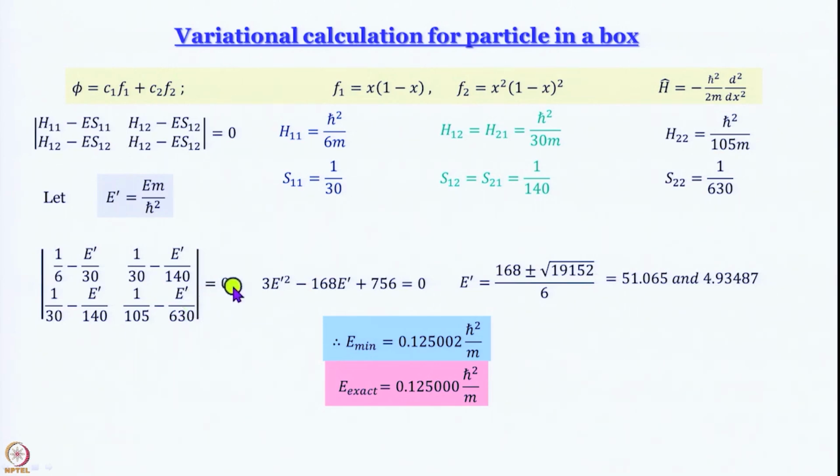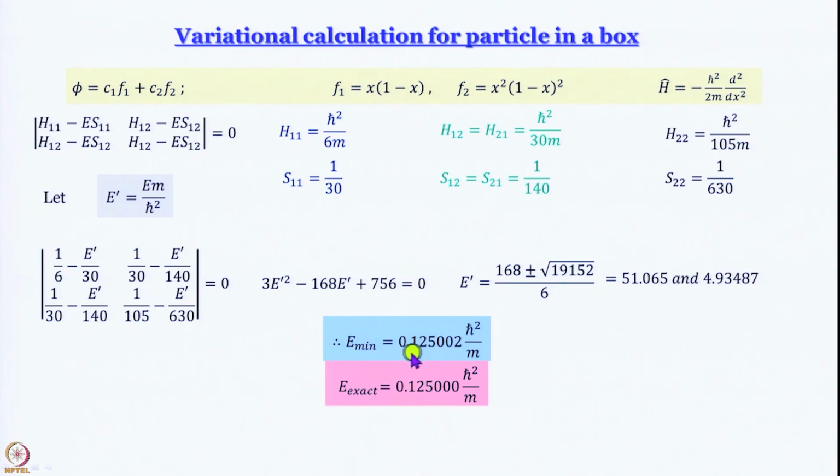This expands as a quadratic equation which has two roots, 51.065 and 4.93487. Of course, out of these, this is the lower value, that is the ground state energy.